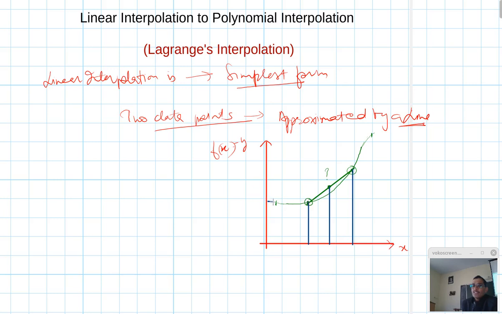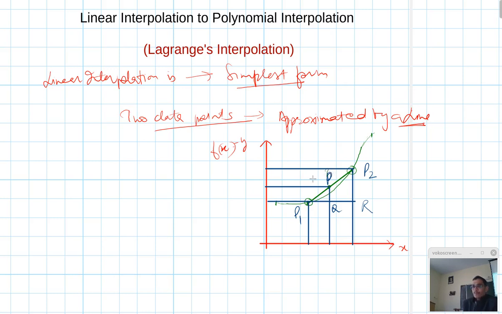And if I join these, then they can be joined like this, and then like this. So let me call this the P1 point, and let me call this the P2 point, and say it is the Q point, it is the R point, and say it is the P point at which I am interested to find out the value.